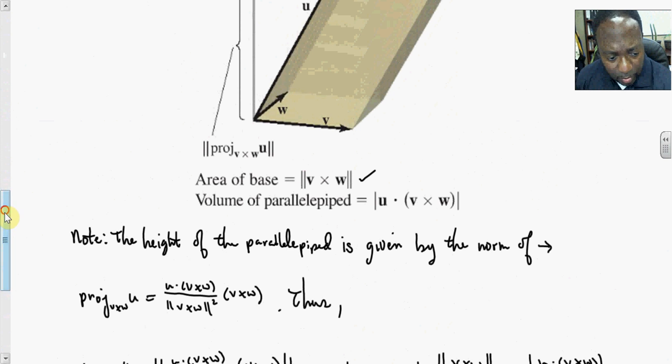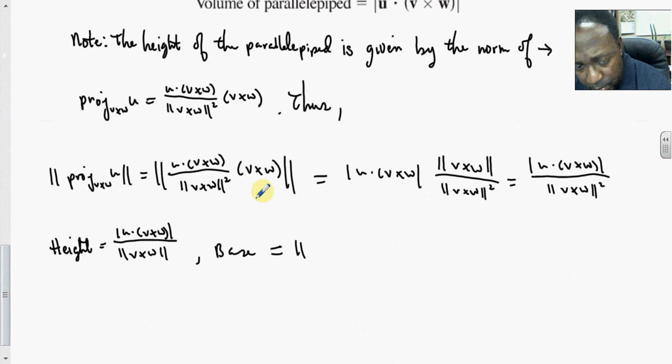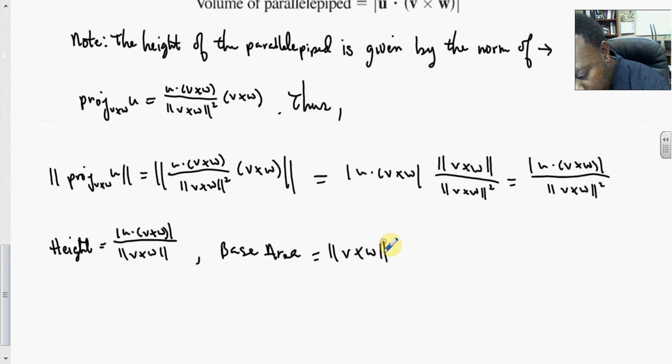It's given right there, right? If you multiply the height times the base area, that gives us the volume.